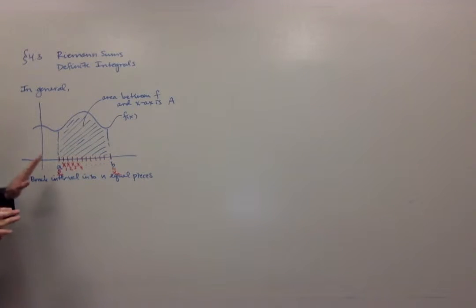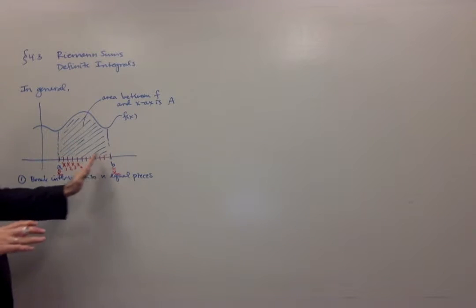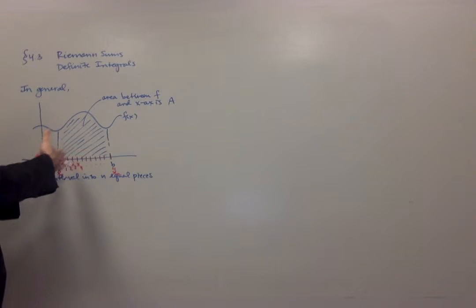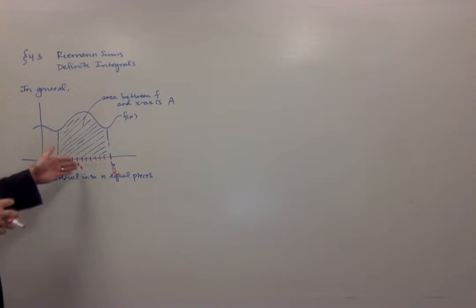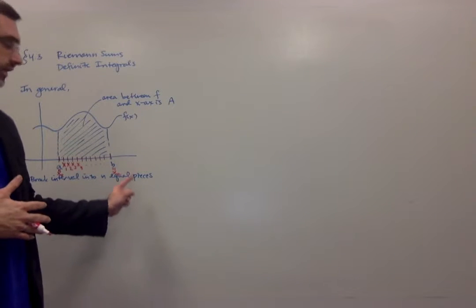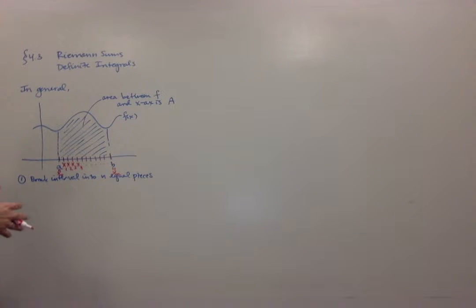All I'm doing is giving these interval slices names. x0 is the first slice, which happens to be the endpoint A. Then x1, x2, x3, all the way up to the last one, x sub n. Okay?